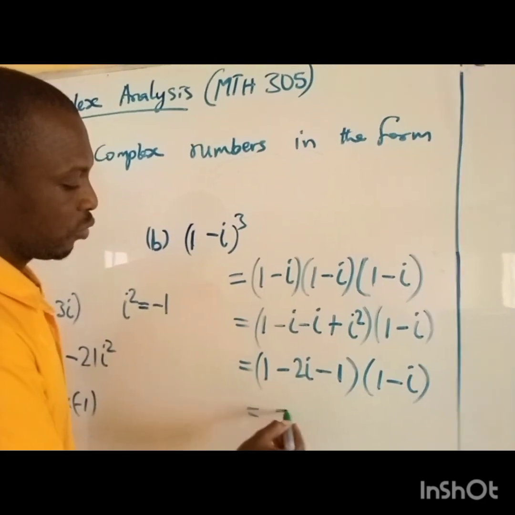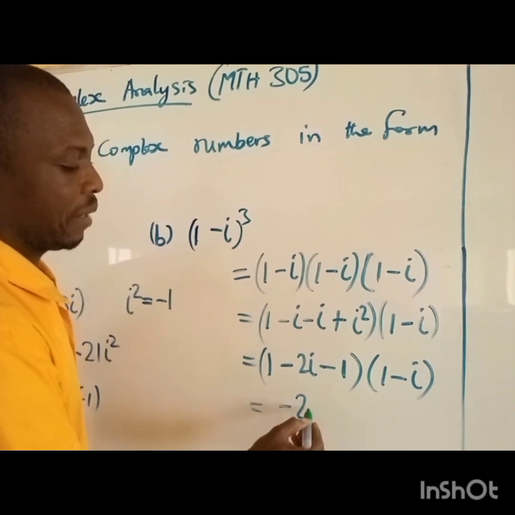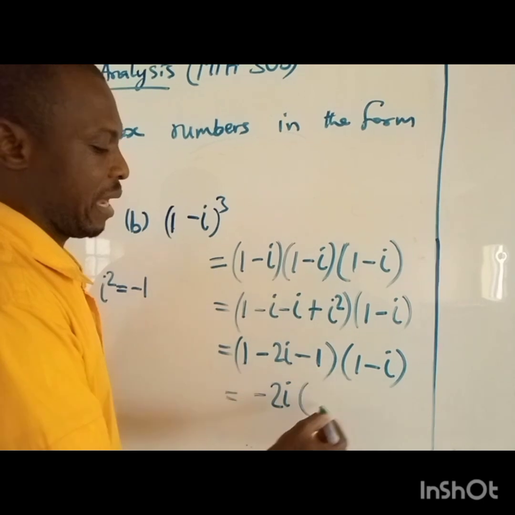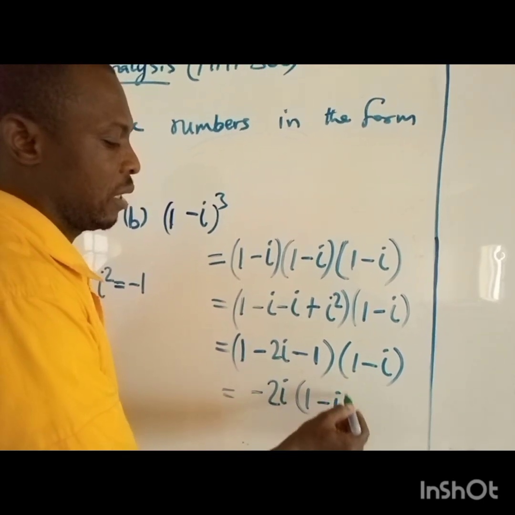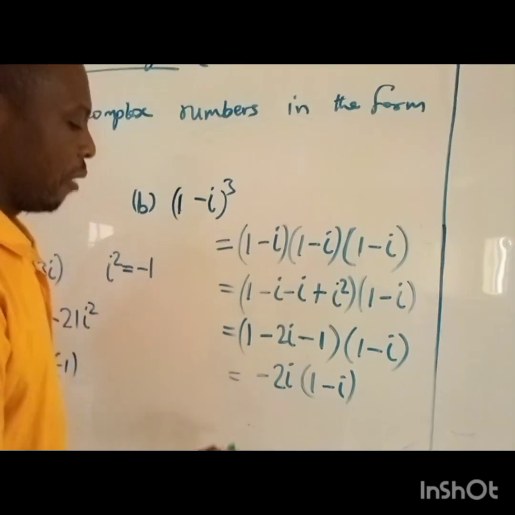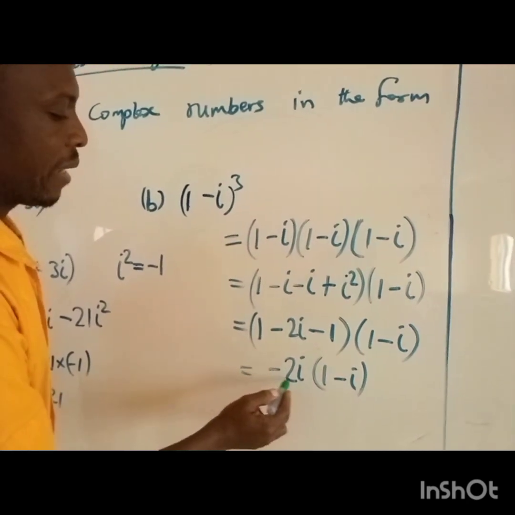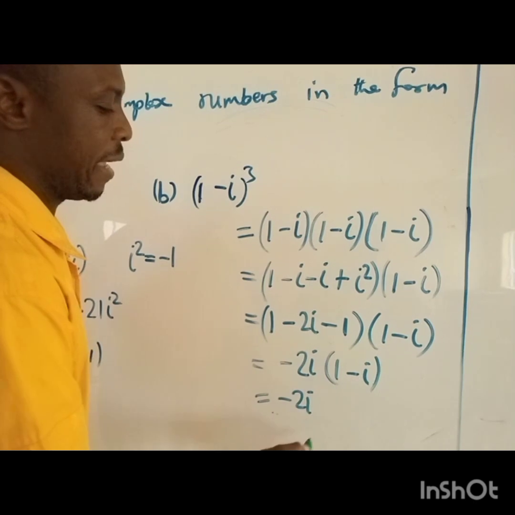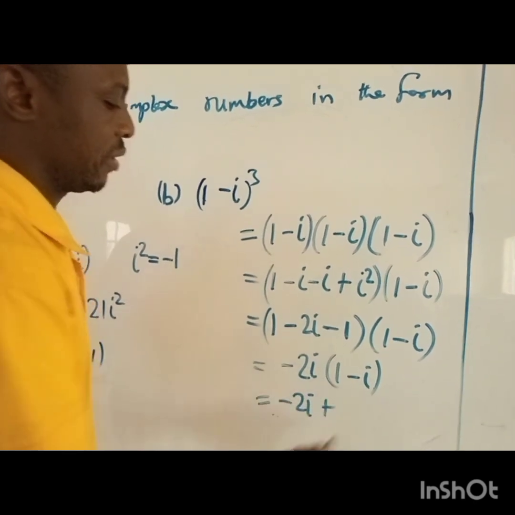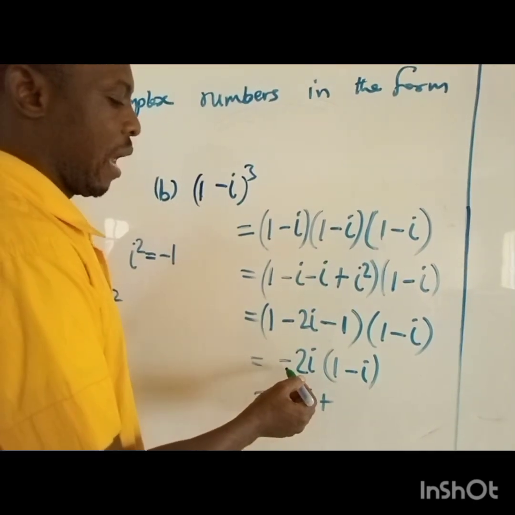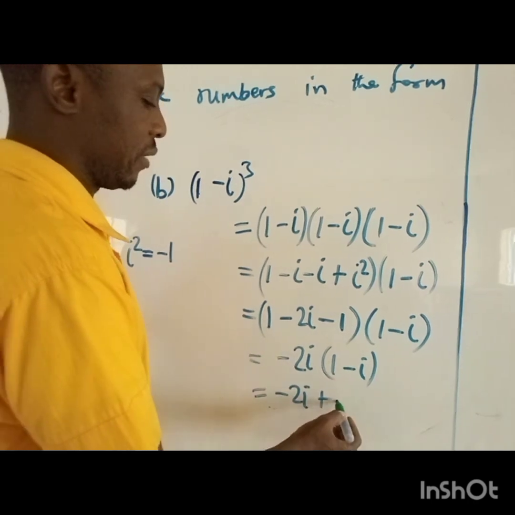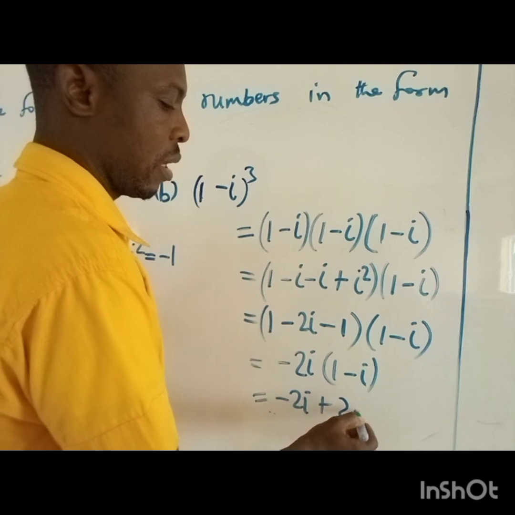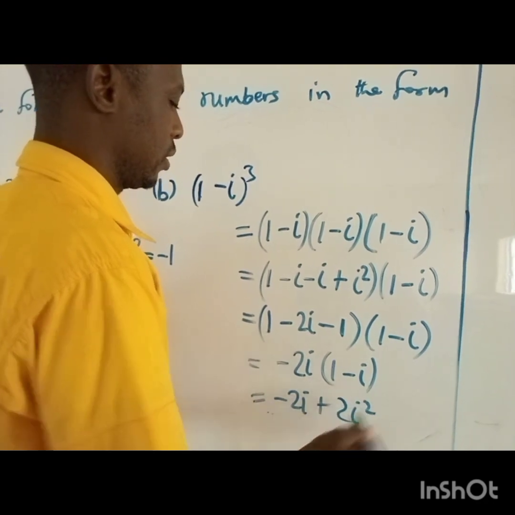So what we are left with in this bracket is minus 2i, and then we have the next bracket 1 minus i. Now minus 2i times 1 gives us minus 2i, minus times minus gives us plus, and minus 2i times this gives us 2i squared.